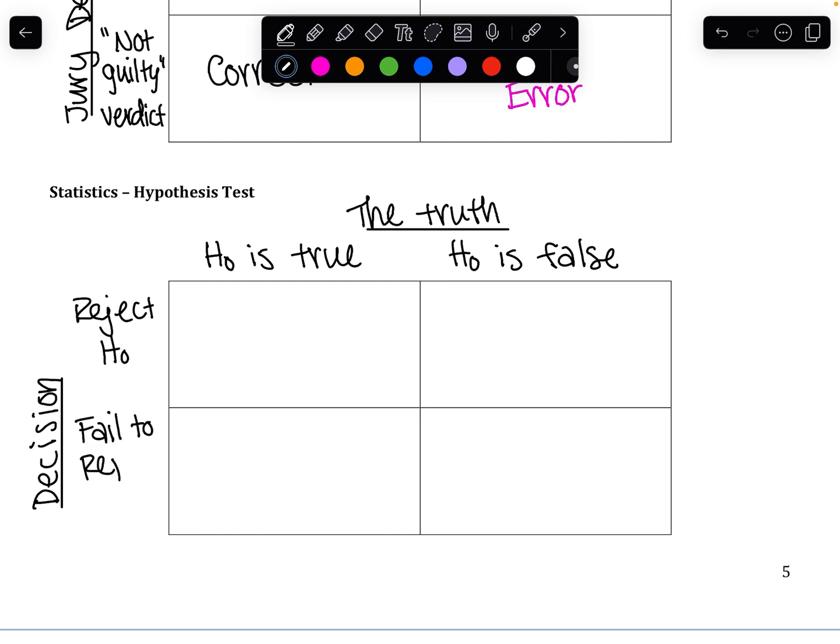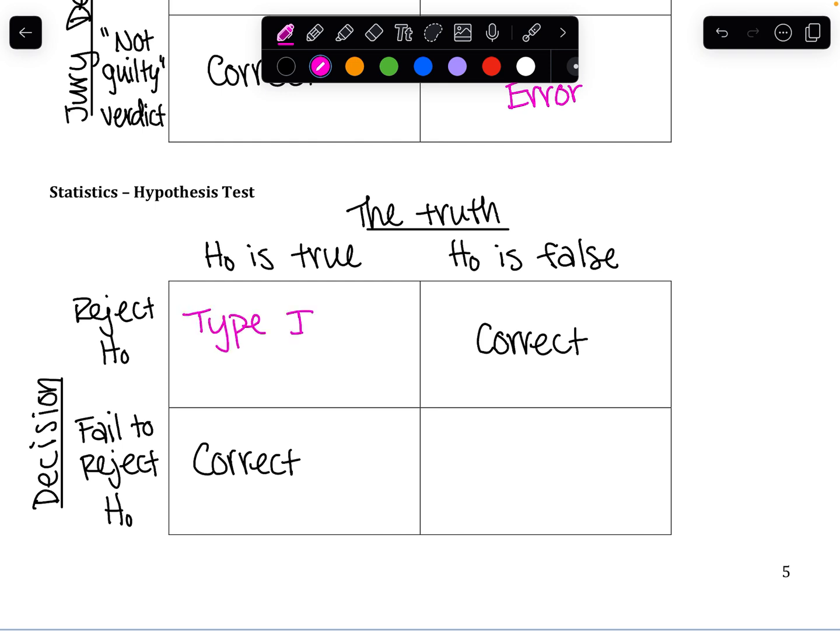Remember, we don't accept the null hypothesis. If the null hypothesis is false and we reject it, that would be a correct decision. If it's true when we fail to reject, that's also correct. And like we defined above, the null hypothesis being true, but we rejected it, is a type 1 error. And if the null hypothesis is false, but we failed to reject, that would be a type 2 error.